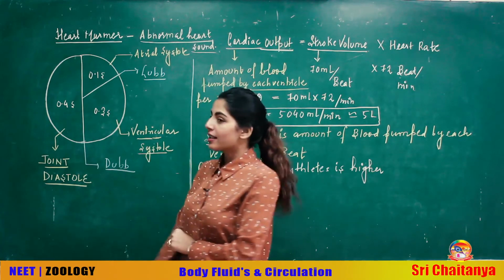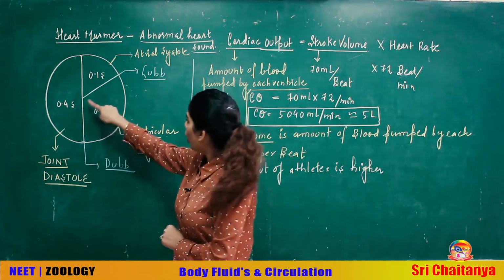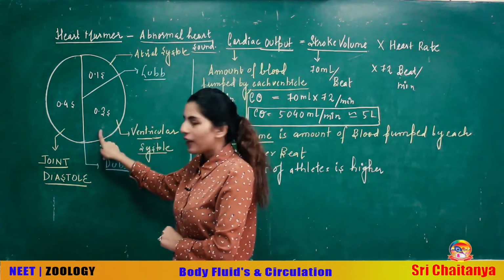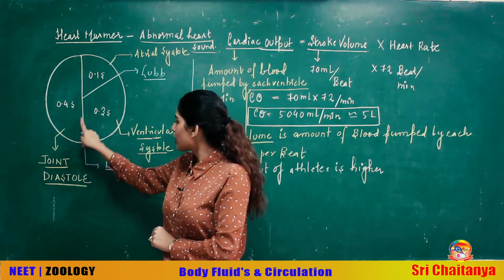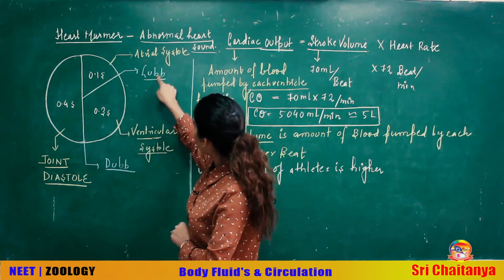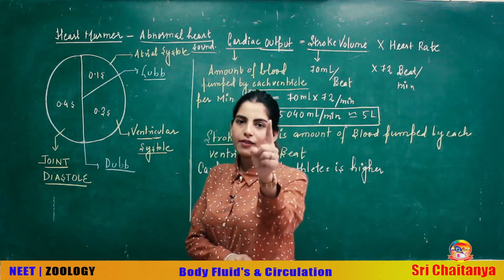We just now discussed that between atrial systole and ventricular systole, there is the first heart sound, lub, and between the ventricular systole and the joint diastole, you have the dub. So between dub and lub, can you see 0.4 second plus 0.1 second, that is 0.5 seconds.